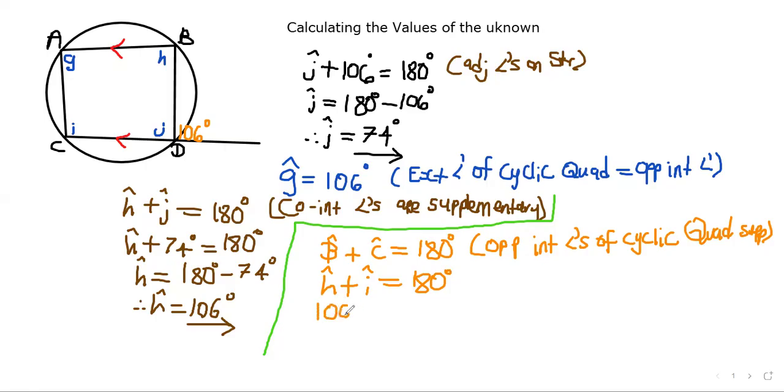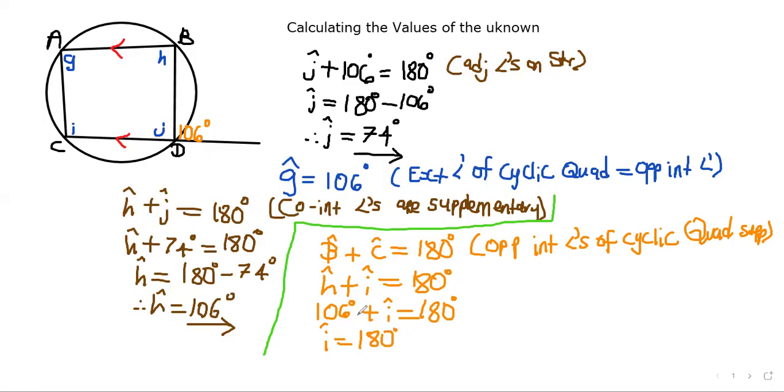So that will be 106 degrees plus angle I equals to 180 degrees. Then I'm going to say angle I equals to 180 degrees.